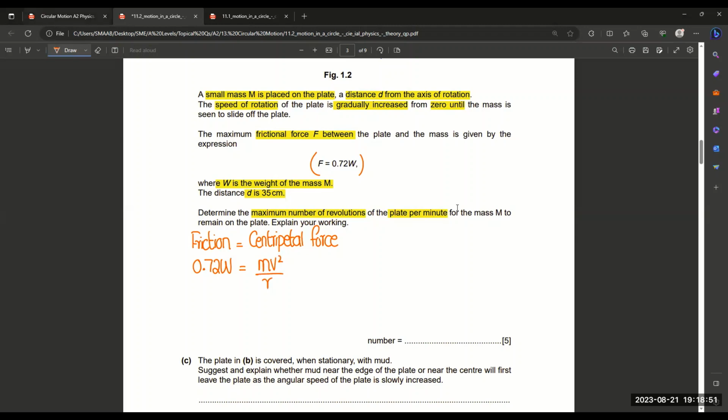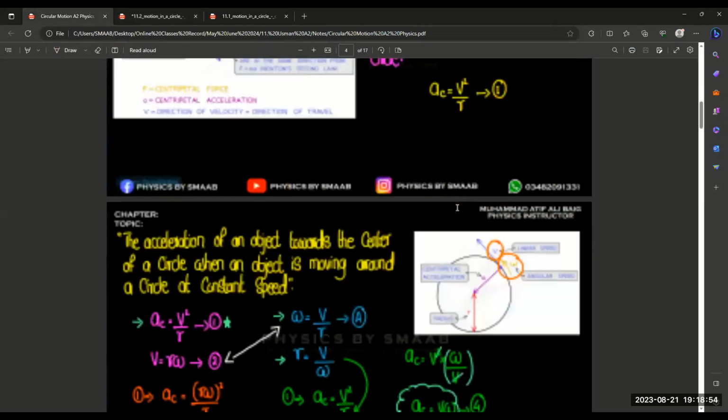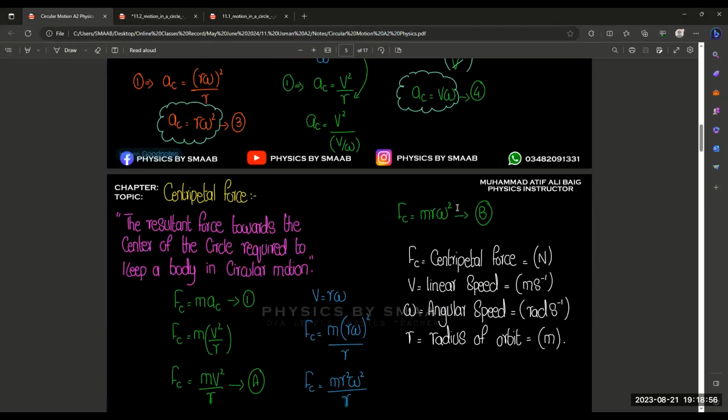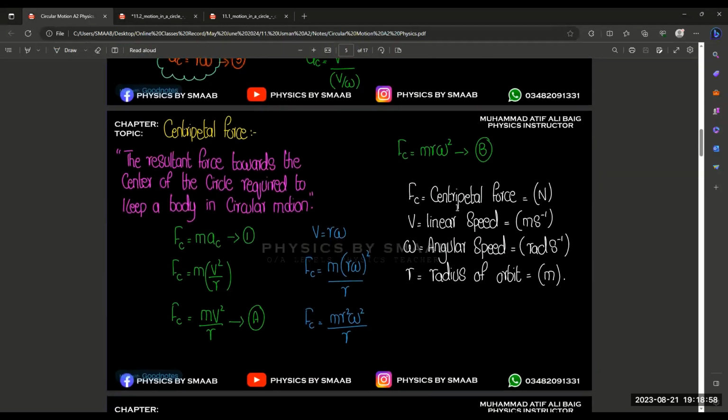And yesterday we discussed that concept also. And one formula that we derived is mr omega square, right? Normally the centripetal force is mv square over r, that is for the linear, but we are talking about the angular, so we need to use equation b, mr omega square.